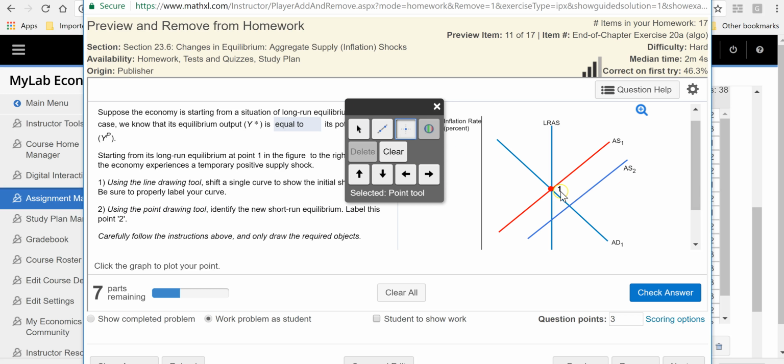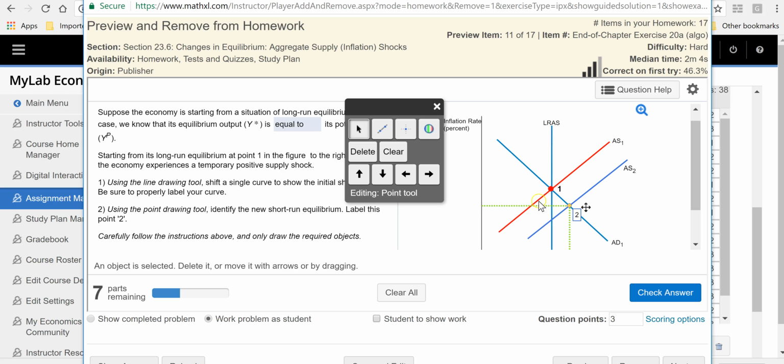So this is the point 2, the point drawing tool. So the new short-run equilibrium must be the intersection of the new short-run supply curve and the demand curve. Demand curve doesn't shift in this case, so it should be the point here. So that's point 2. Initially, this long-run equilibrium is also the short-run equilibrium, right?